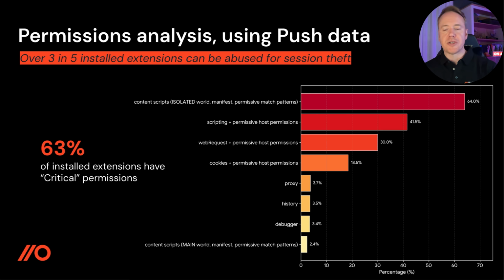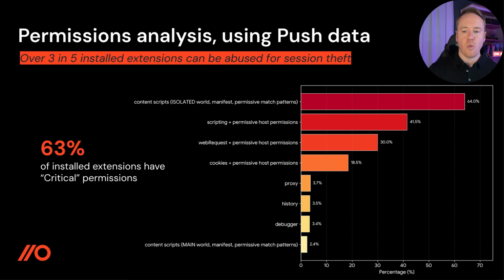So here's some research that I wanted to share from the Push Security research team. And I want to call out here that the team is doing applied research, not only of malicious browser extensions, but all manner of in-browser threats all the time. And it's this work that drives our detections and a lot of our product features.